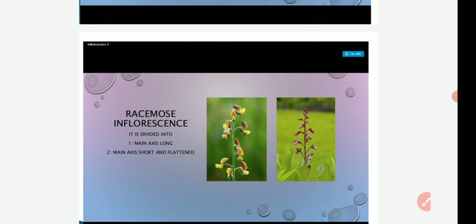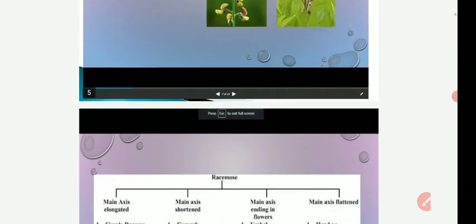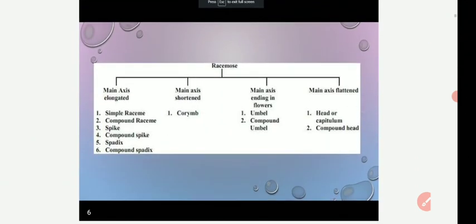Racemose inflorescences are again classified on the basis of the nature of the main axis, that is peduncle. So on the basis of the nature of the peduncle, the racemose is divided into mainly three types: main axis elongated, main axis shortened, and main axis flattened, concave or convex.